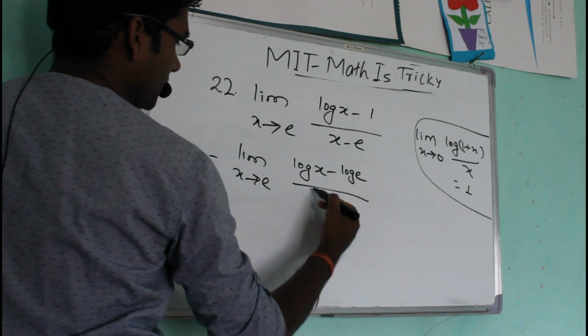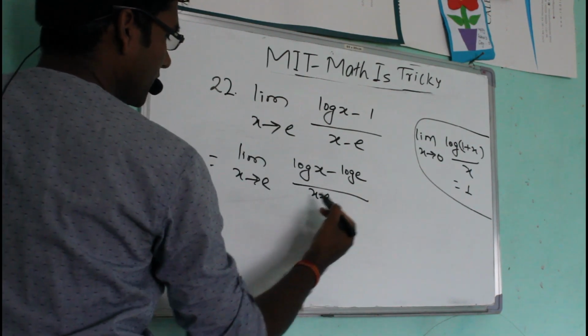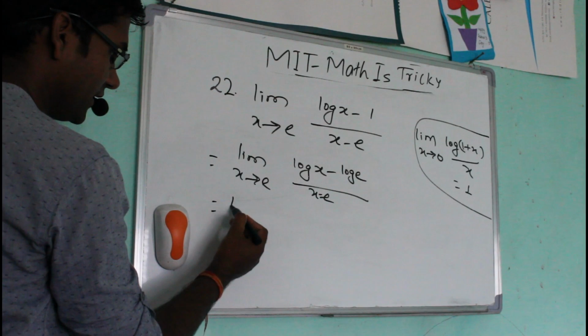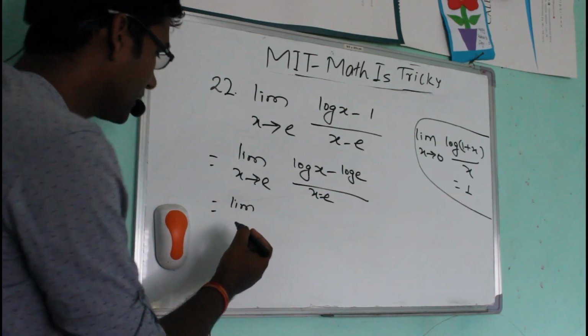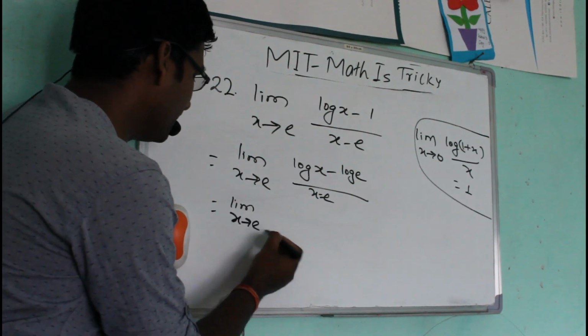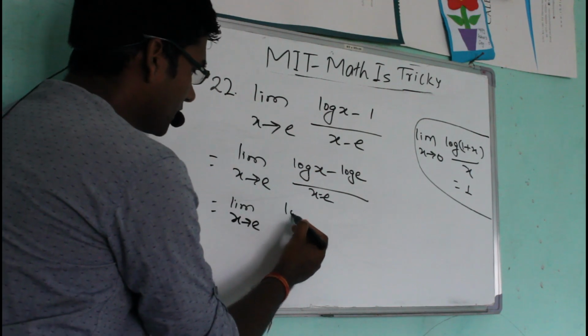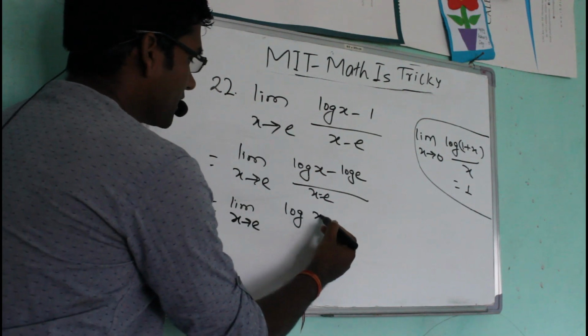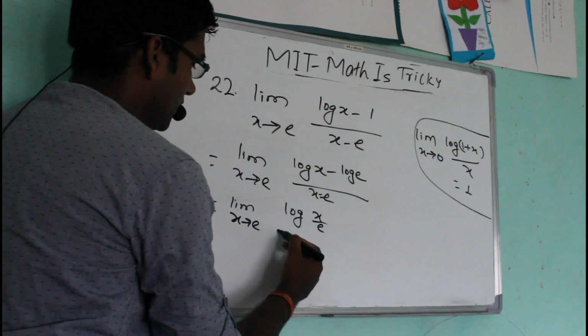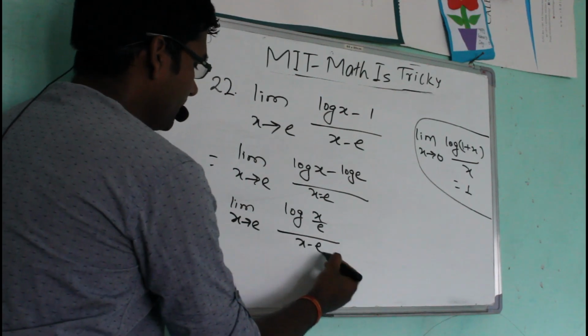We can write here x minus e. Okay, so we can write here limit x tends to e, and then this is log (x by e), and then here x minus e.